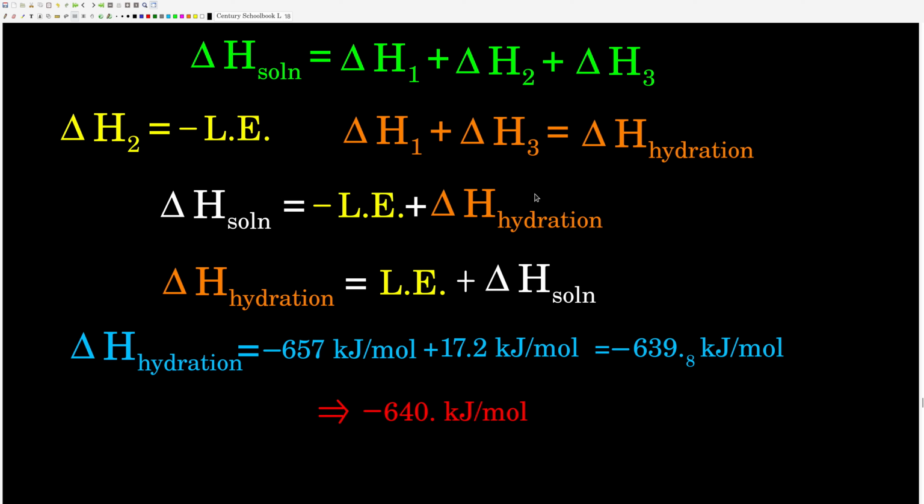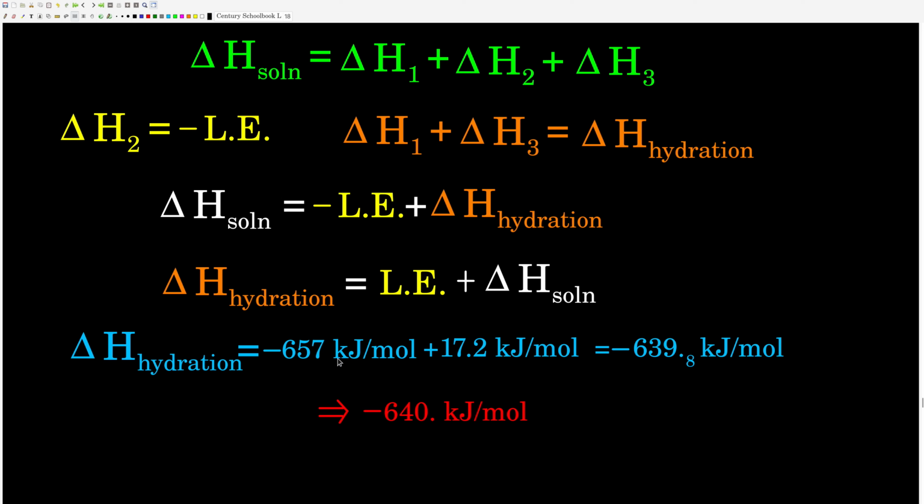Remember, what we're asked to solve for here was the heat of hydration, so you have to be really careful about the words. And we're given the other two. So if we rearrange this, we see that the heat of hydration is equal to the lattice enthalpy plus the heat of solution. We know both of those numbers, so all we have to do is plug them in.